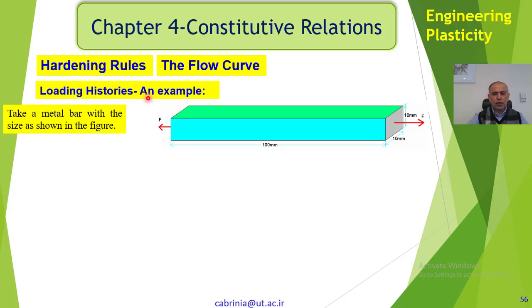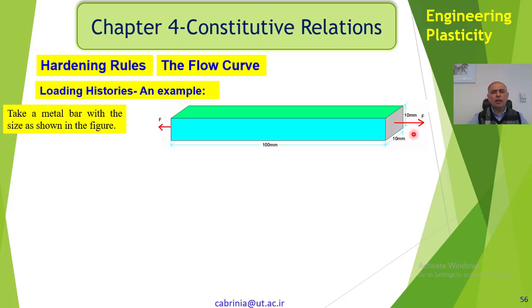Let me just give you an example to illustrate this point further. Now take this metal bar. This metal bar has a 100 millimeter length. The thickness of this bar is 10 millimeter, and the width of the bar is 10 millimeter.